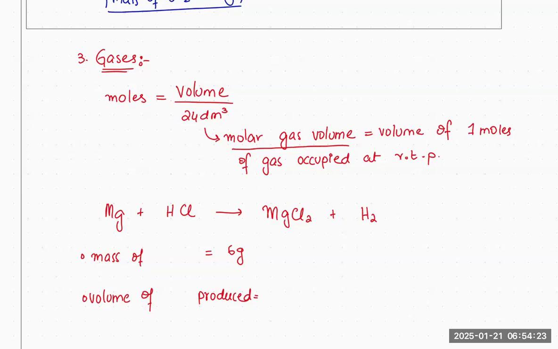All right, so this is a reaction that we studied when we did the topic of metals, right? I told you guys that metal can react with acid to give us salt and hydrogen gas. So the mass of magnesium is 6 grams. I'm going to make this question slightly tricky for you guys. I am also giving you guys volume and concentration of hydrochloric acid.